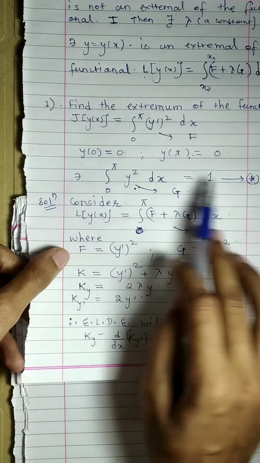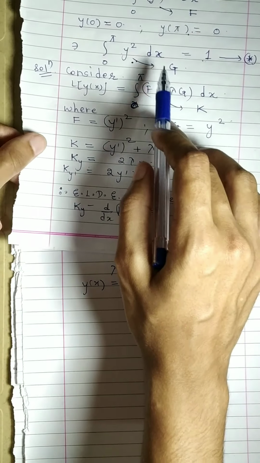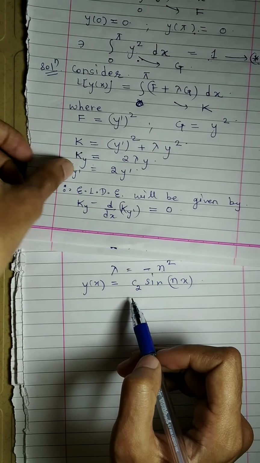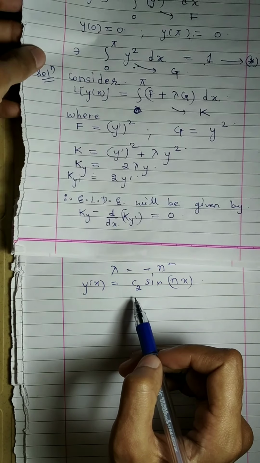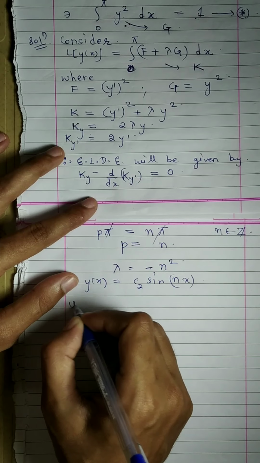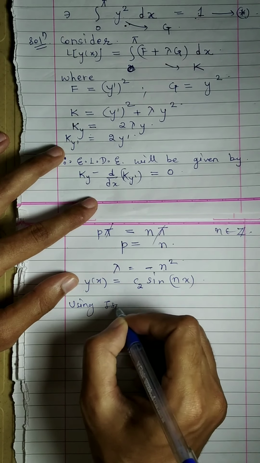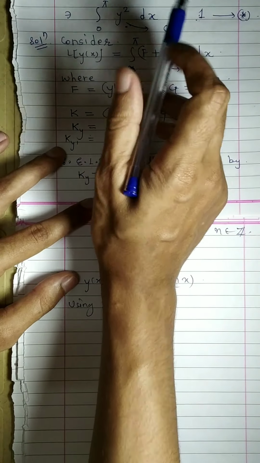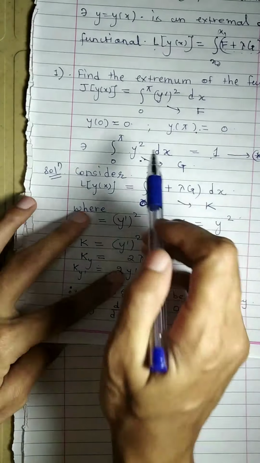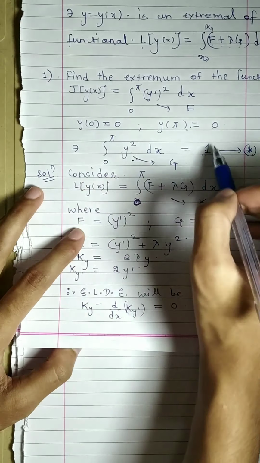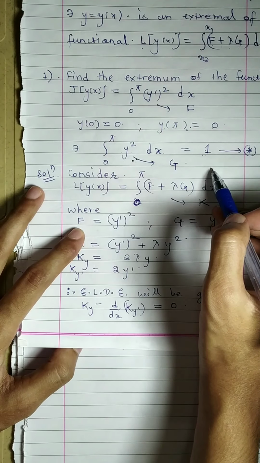Therefore we will use this condition to find out the value of this c2, using the isoperimetric condition. Again and again I was saying it is an isoperimetric condition. Okay, so this condition is called an isoperimetric condition.